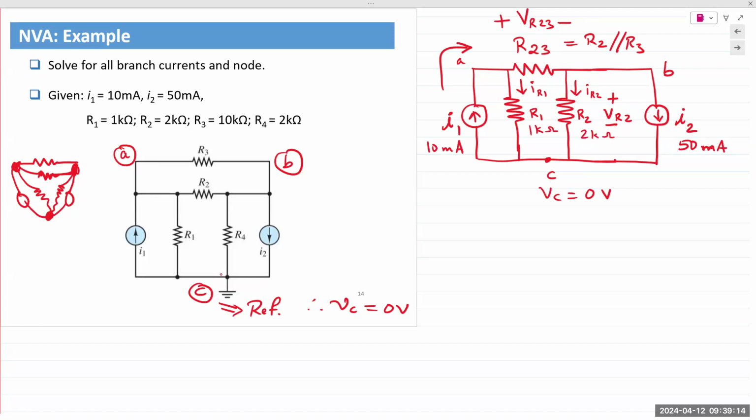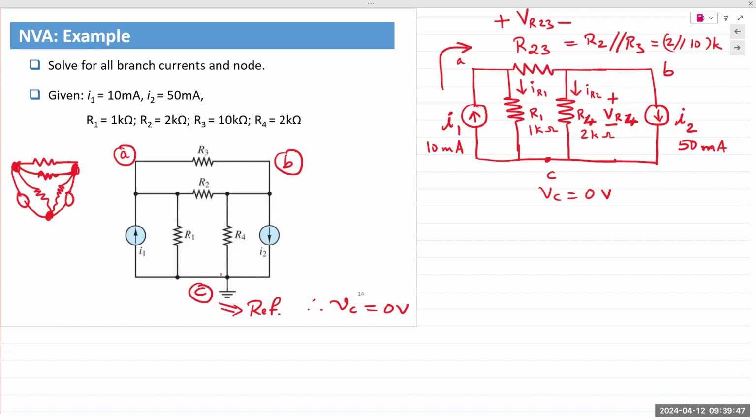And this is a parallel combination of R3 and R2. Oh, actually, this is R4, sorry. This is R4. Nobody noticed that, or hesitant to speak out? That's not R2, that's R4. R2 is above. So this is 2 kilo ohms, and this is 2 parallel 10. Okay, 20 divided by 12.